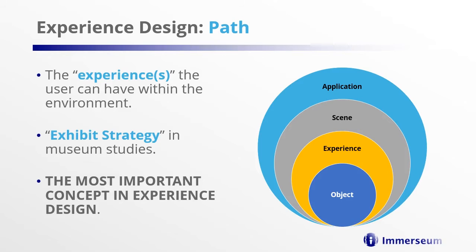And with a particular object, you can do different things. You may use it as intended, or you may throw it at your friend who is in the VR experience with you. The choices around path are choices you'll be making time and time again, at different levels and different points in the process. So it is really important.